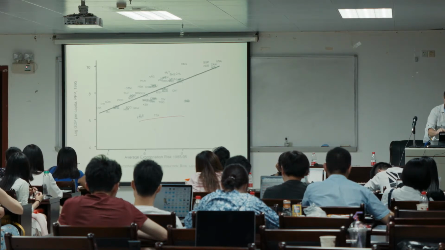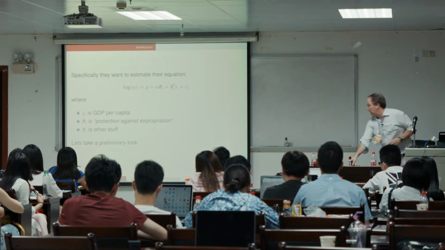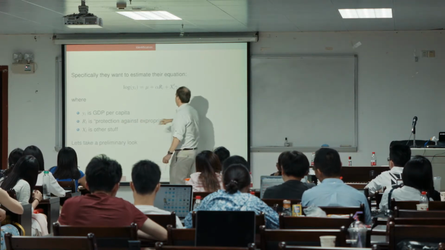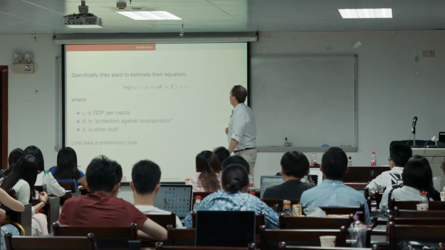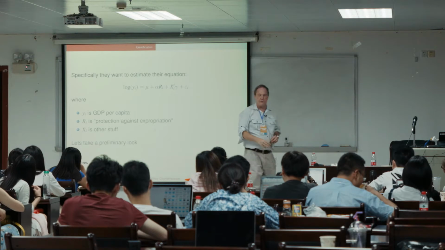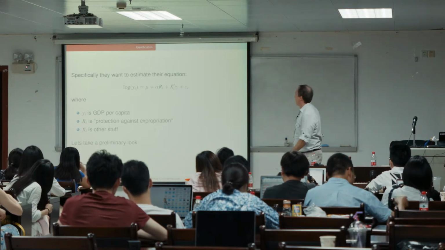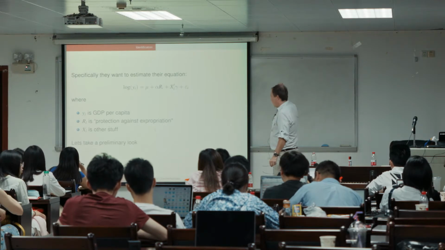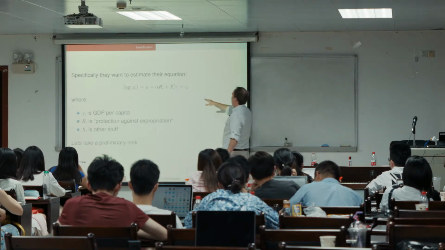Okay, so how are they going to estimate this? So R_i is going to be protection against expropriation. So that's going to be the variable they care about. Here's the model they want to estimate. We're going to be back in this constant treatment effect framework, but you can interpret it in the Imbens and Angrist way if you want to. Y is GDP per capita. X is going to be some other stuff.